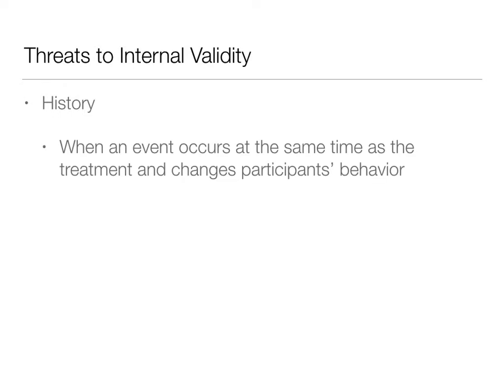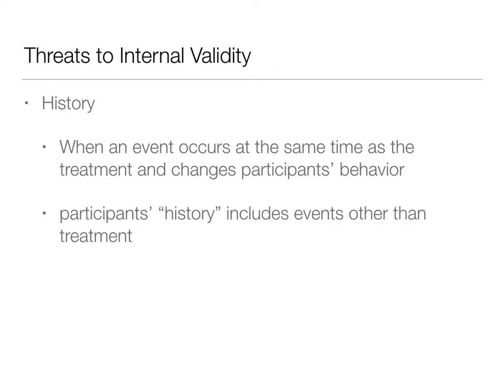History is when there's an event that occurs at the same time and changes participants' behavior. There's something in the participants' history that includes events other than the treatment. This can be any kind of event that's happening to the group or to the individuals.